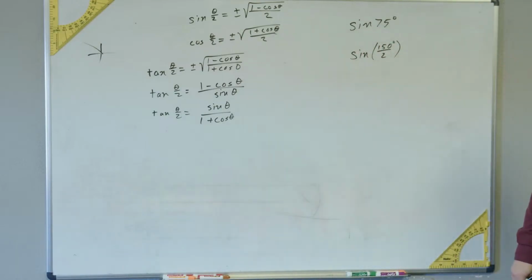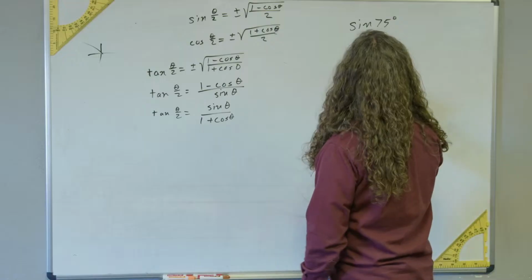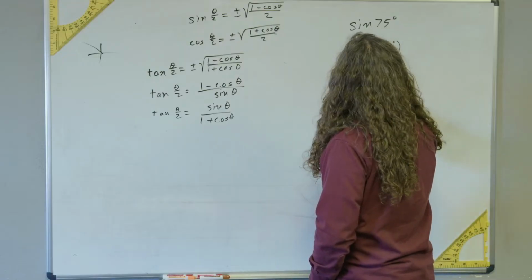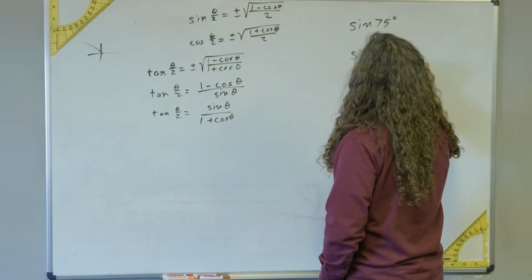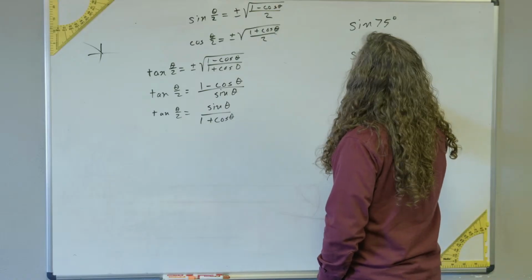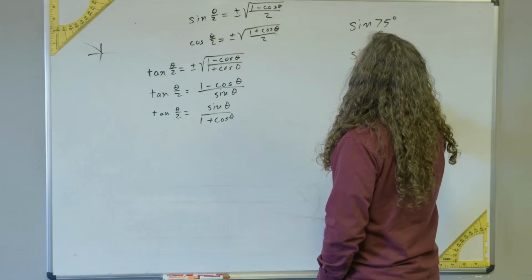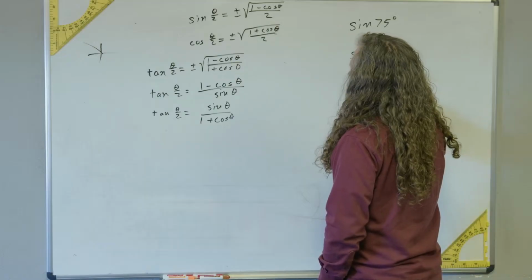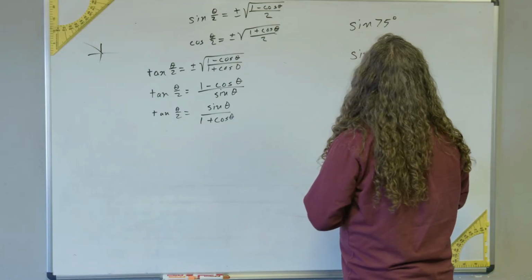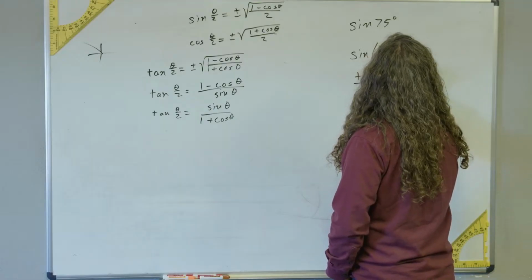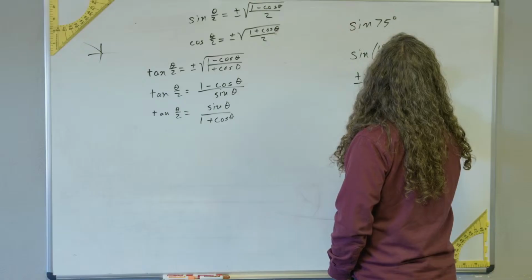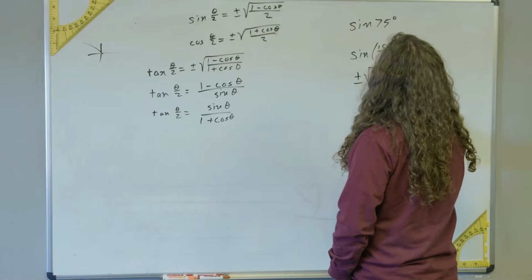So this equals plus or minus the square root of 1 minus the cosine of 150 degrees over 2.